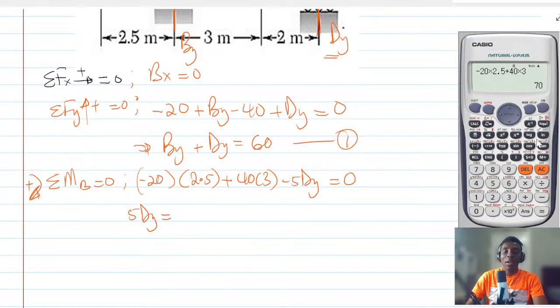That gives us 70. So it means that Dy will be 70 divided by 5, which is 14. So Dy is 14 kilonewtons.